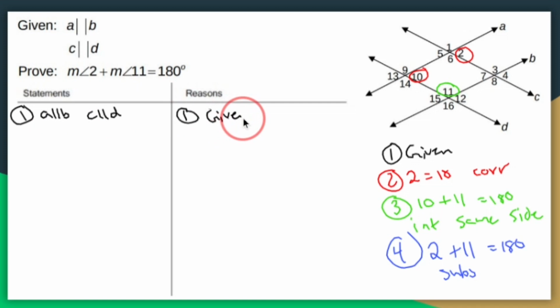Always, always, always start out with your given statement. Next, the measure of angle 2 is equal to the measure of angle 10, and once again, that's because 2 and 10 were corresponding angles and C and D were parallel.